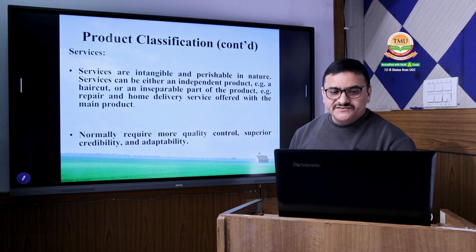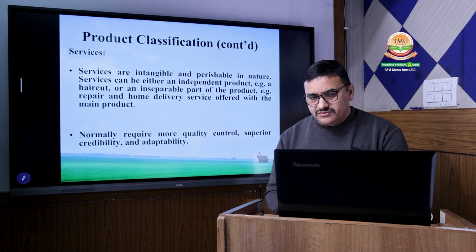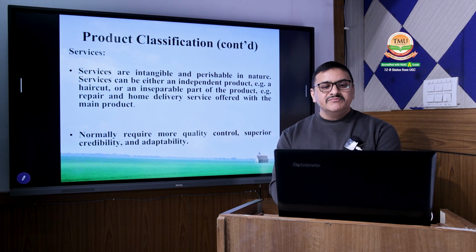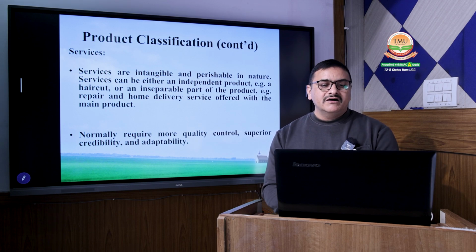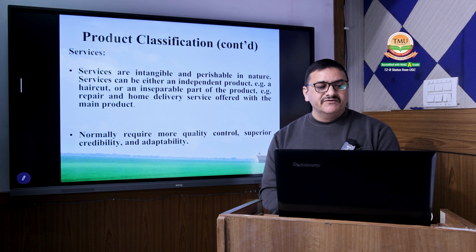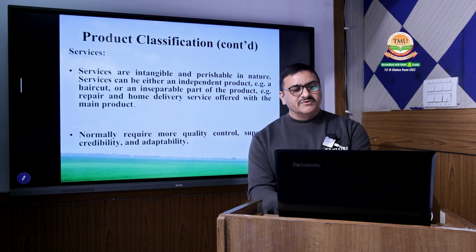Then we have services. Services are intangible and perishable in nature, as we all know, and services can be either an independent product, for example, a haircut, or an inseparable part of the product, for example, repair and home delivery services offered with the main product.